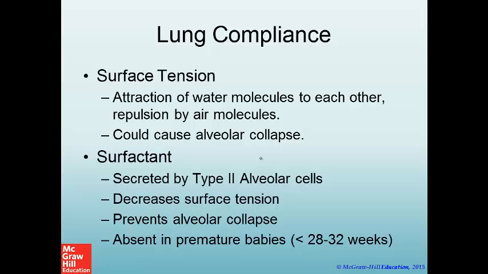All of this, of course, depends upon having normal, functional lung tissue. And lung tissue, one of the things that we deal with, well, a couple of things that we deal with, are compliance and elasticity.